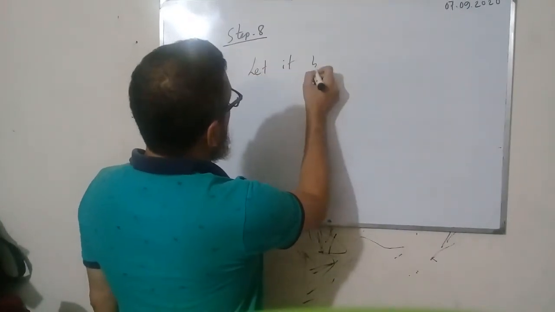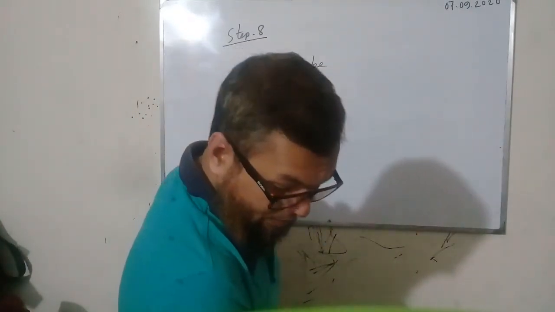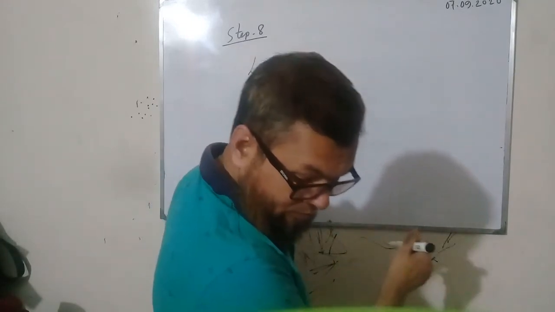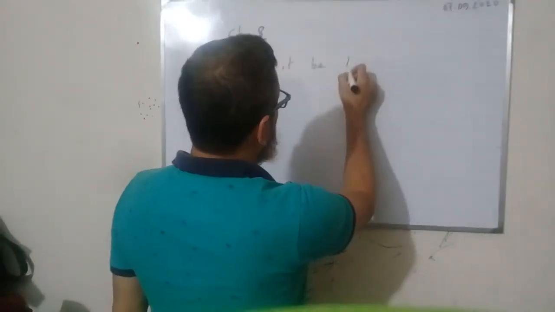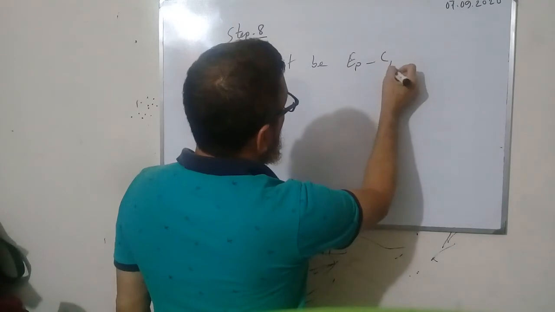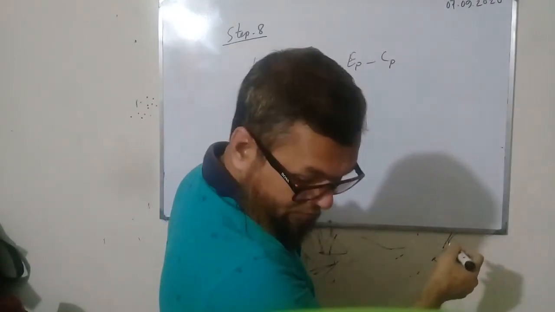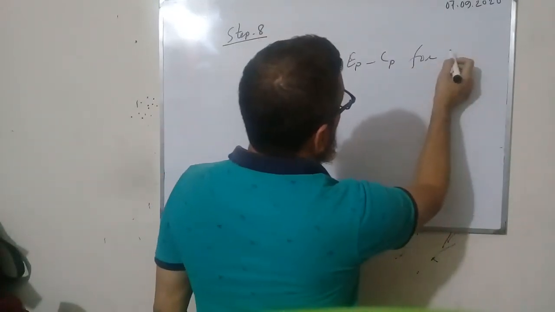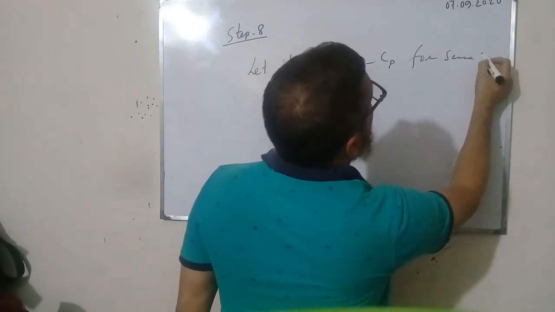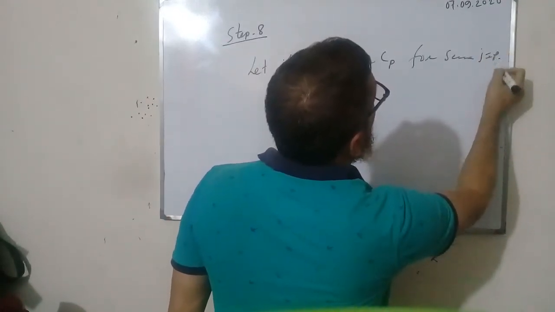Let it be Zp minus Cp for some j equal to p.